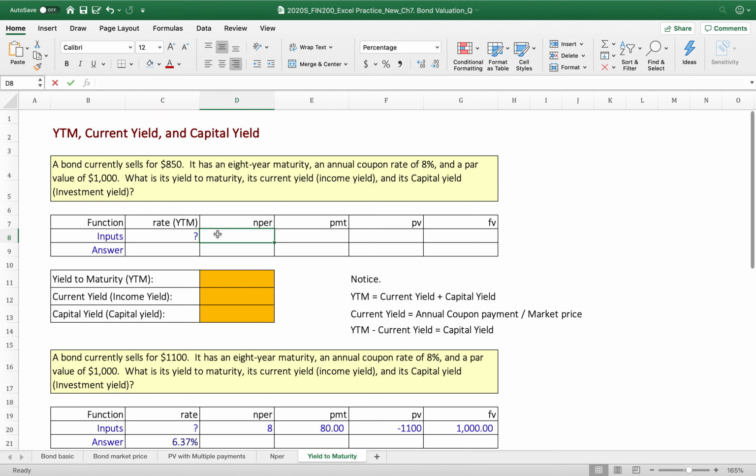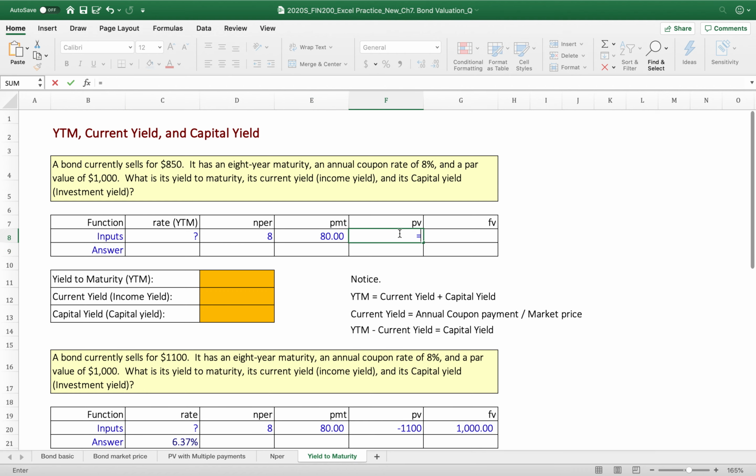The rate is what I want to get, and the NPER is 8 years. And the PMT, how to get it? $1,000 times 8%, and now we put a positive number because you have to put yourself into the investor's perspective. Why? We are dealing with yield. Yield means return. So 1,000 times 8% is the coupon amount for the year.